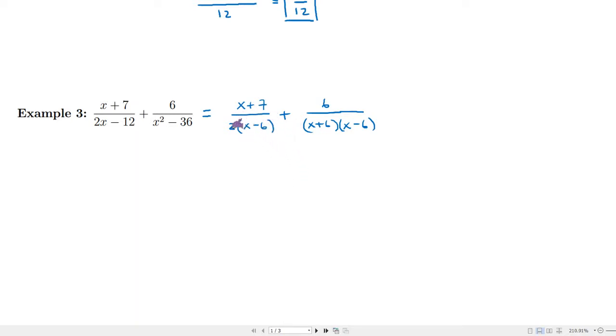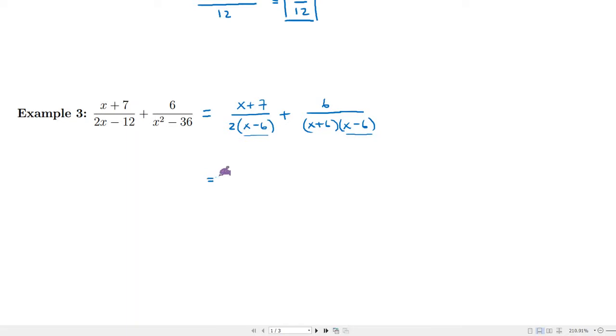Well, if you look at this fraction's denominator and this fraction's denominator, what do we have? Here we have a factor of 2 and x minus 6. And over here we have a factor of x plus 6 and x minus 6. So already they share something, right? They share this x minus 6. Okay, so we're not going to need to add that extra factor in since it's already common between those two.